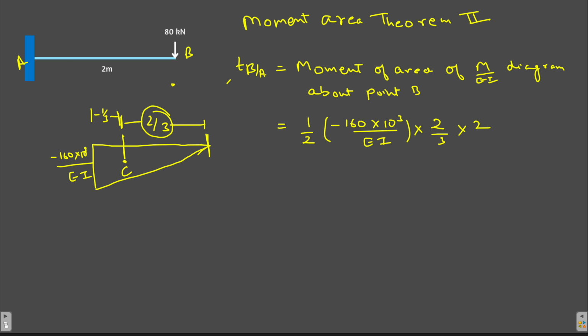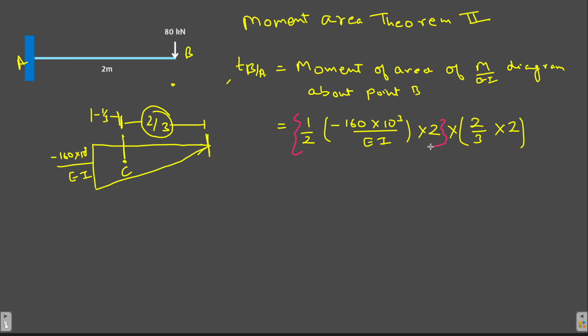Now you can get the answer. No, still not. I've committed a mistake. The area of the triangle was half into base into height, which you have to multiply by the centroidal distance. The centroidal distance is 2/3 of the height of the triangle. The height of the triangle is 2 meters, so 2/3 of 2 meters gives the distance of the centroid from point B. And this whole quantity initially is the area of the triangle.